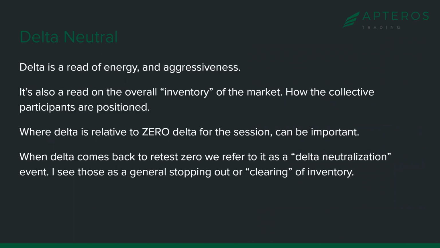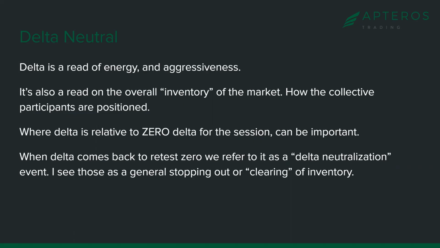Delta neutral. So, delta is a read of energy and aggressiveness, an inventory, how the collective participants are positioned. If delta's been higher and higher and higher, you can pretty much guarantee that there's more people holding long positions than short positions.